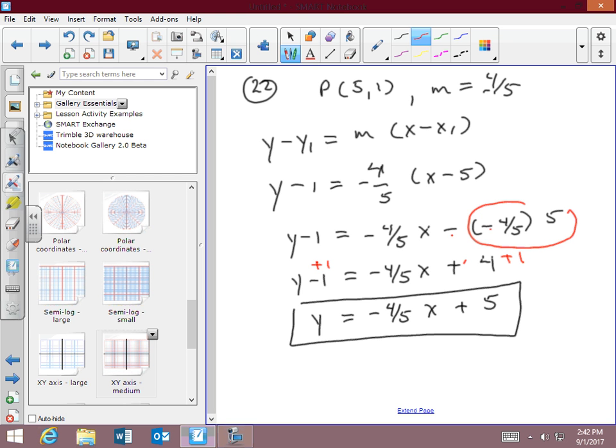Yeah. Now then I got 4/5, and I got 5. Technically that 5 is 5 over 1, right? Now, this 5 and this 5, one's in the numerator, one's in the denominator. They cancel. There's your 4. 4 over 1 equals 4.